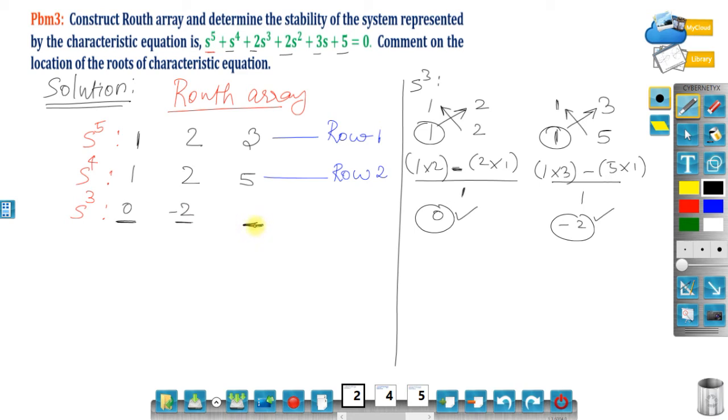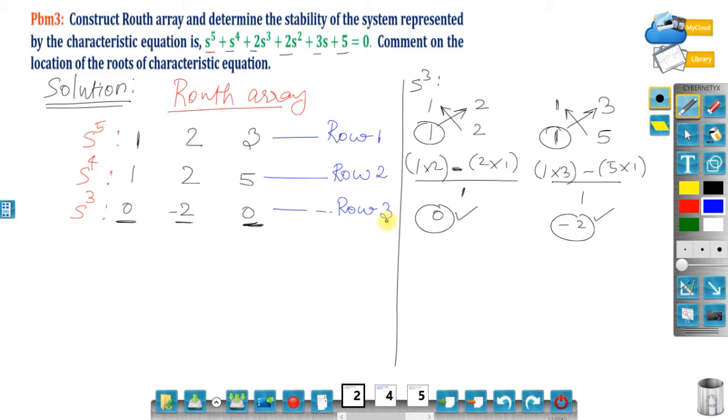By closely observing the given equation, there is no coefficient for s power minus 1, so we can put it as 0. This is what we call row number 3.